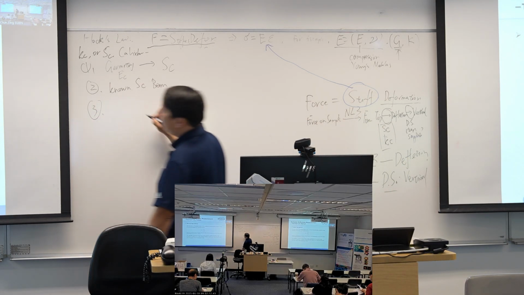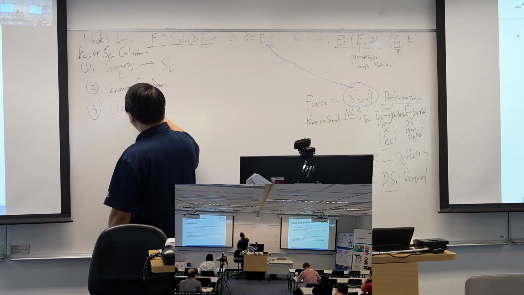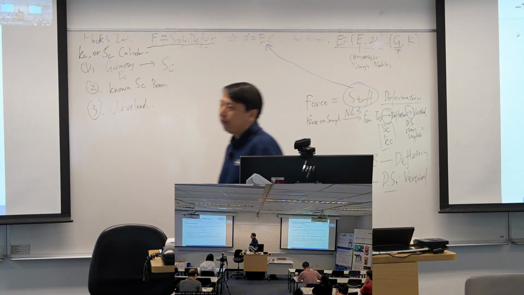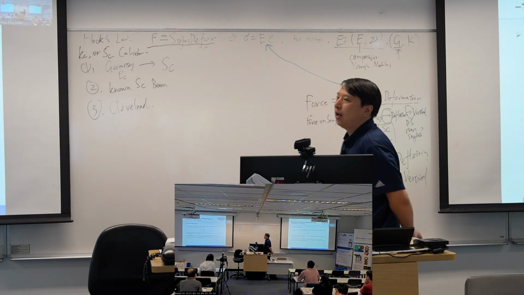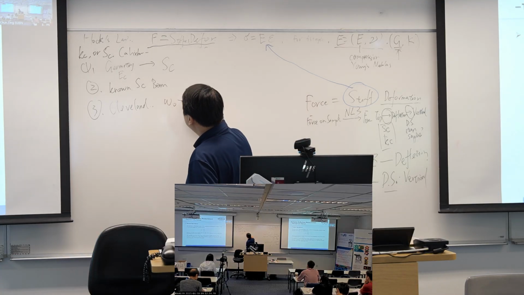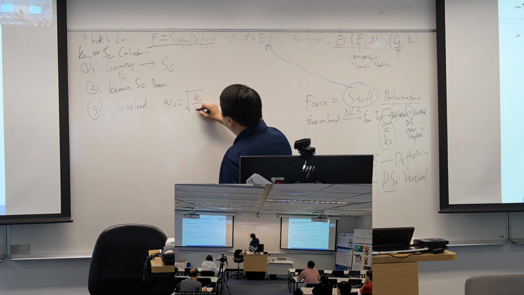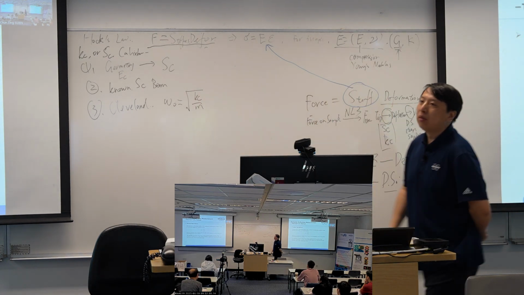And the third one is the so-called Cleveland way. The Cleveland way is based on the resonance frequency. The resonance frequency of our cantilever can be written down in such a simple model.